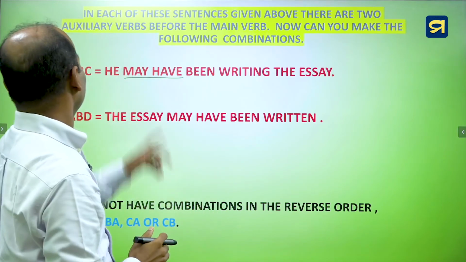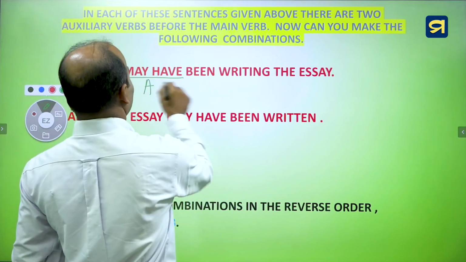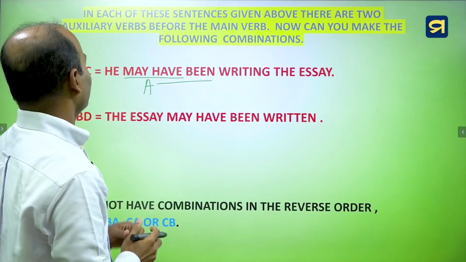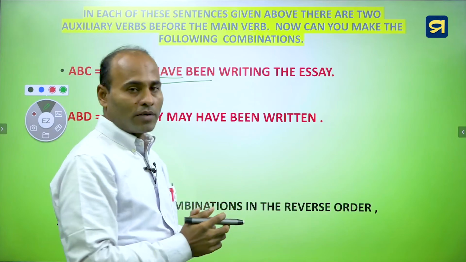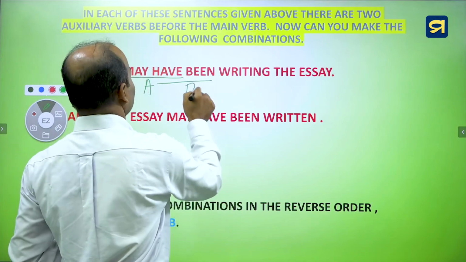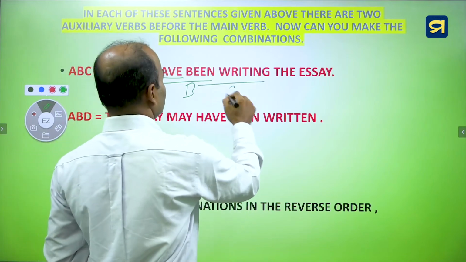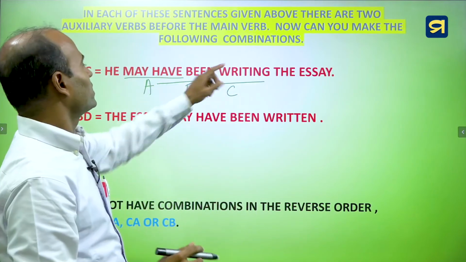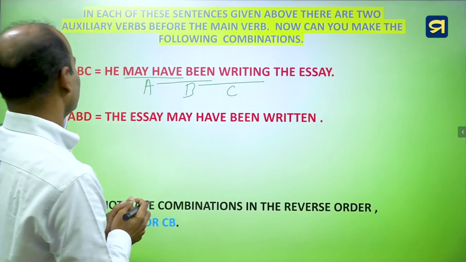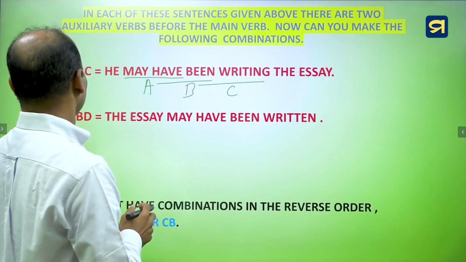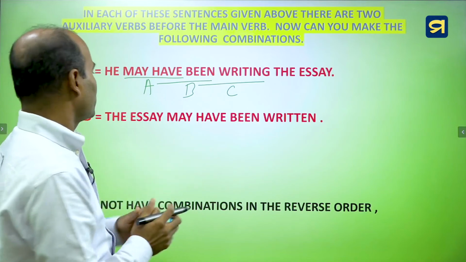May have is the sentence structure of A, and have been, because there is have along with the third form of the verb, is the sentence structure of B, and this one, be verb along with the ing form of the verb, is the sentence structure of C. And if we combine A, B, D, we will get the essay may have been written.